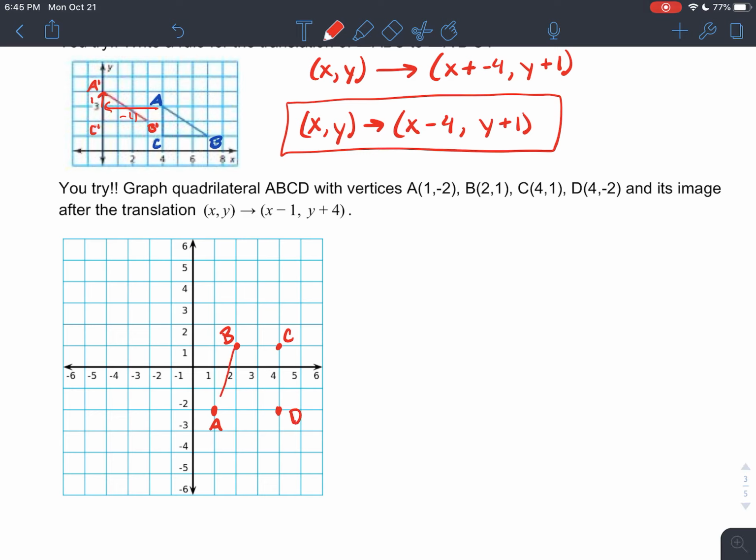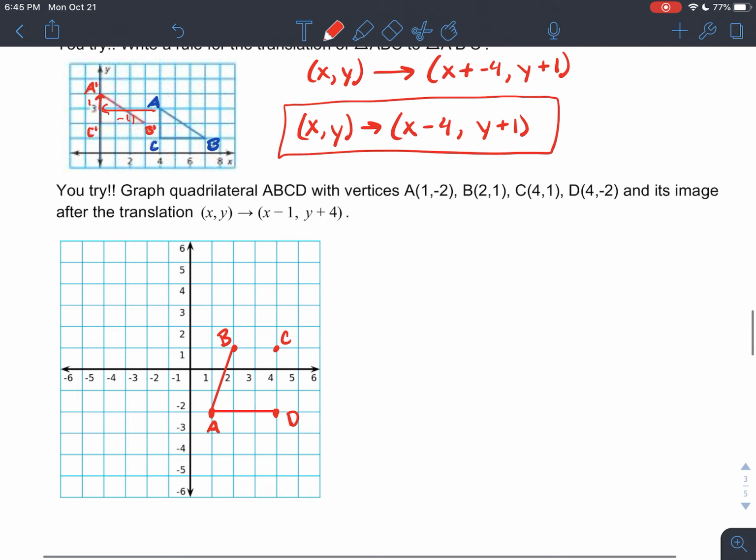Okay, once you got them plotted and labeled, use your straight edge to connect your points. Okay, so once you've got your points plotted, the translation is (x, y) maps to x minus 1, y plus 4. Before we do it the counting way, I want to show you how to do it with the rule.